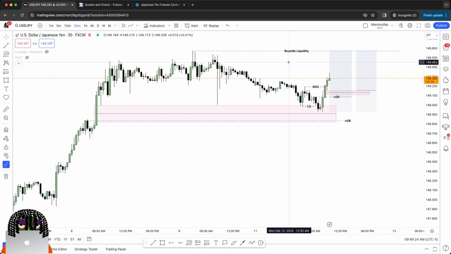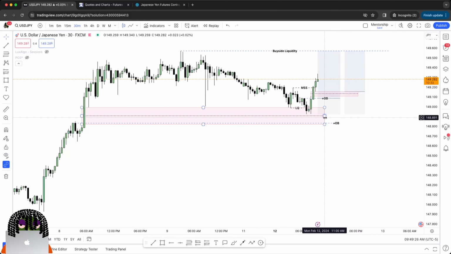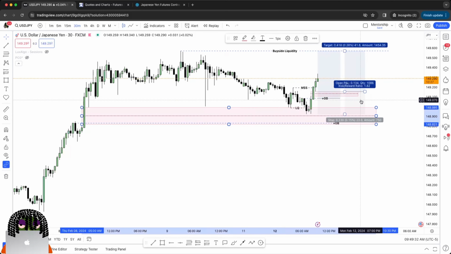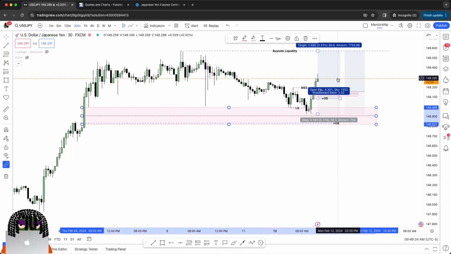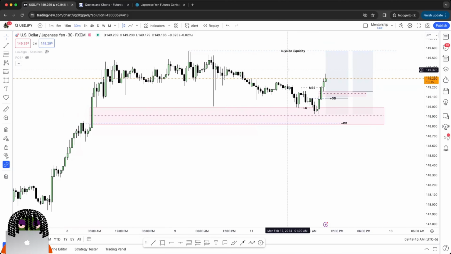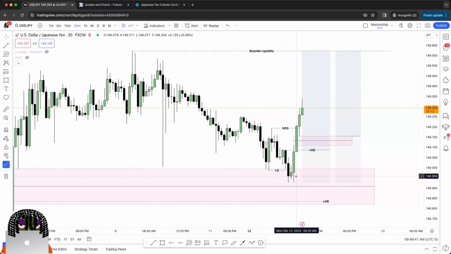Sometimes it might just play around here for the entire day, come back during CPI, tap into here, and then it could expand. So depending on what it does, I'll approach the situation accordingly, and we'll see.